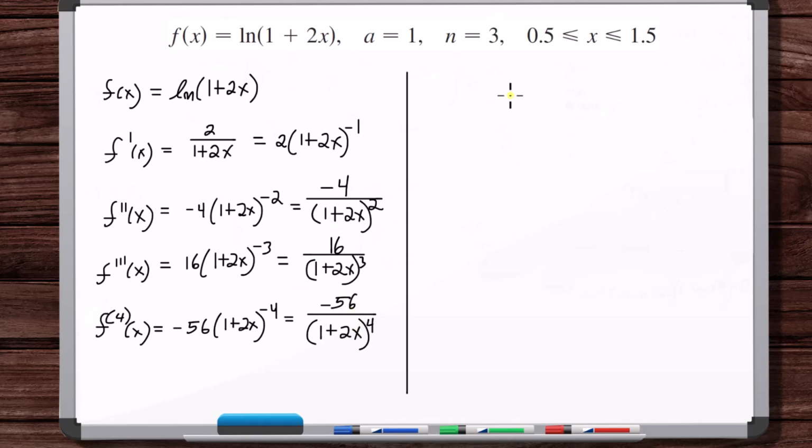Okay, now in the right column, we want to plug the center point into each of these. So the center point is 1. Okay, this is natural log of 3.